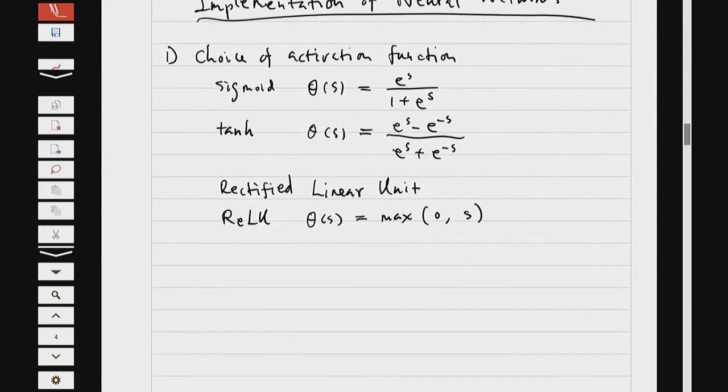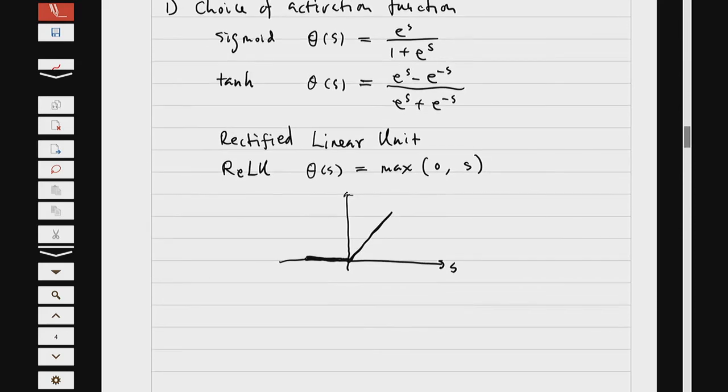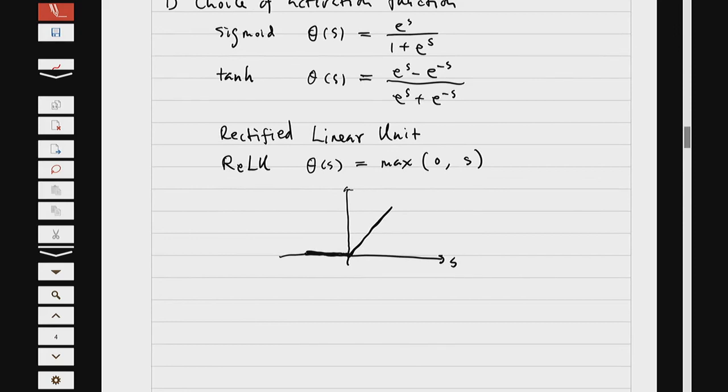So if you draw this, of course, when s is less than 0, the output is simply 0, and then on the positive side, just output whatever input comes in. Very simple. And I can see this is very easy to do any computation, right?